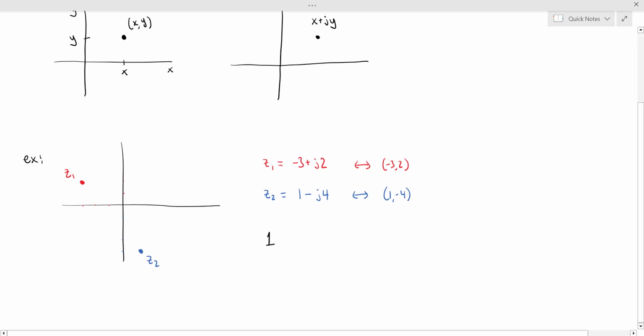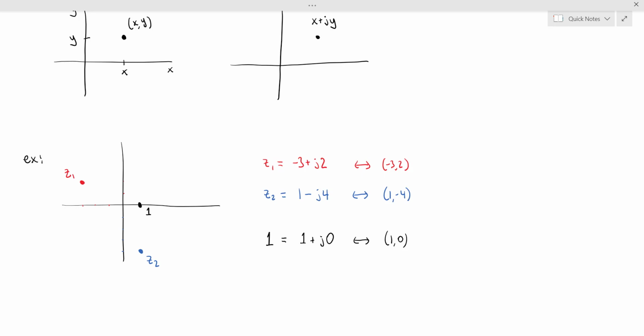The number 1 can be thought of as the complex number 1 plus j0. That would correspond to the point 1, 0 in the complex plane. So this point right here would represent the number 1.